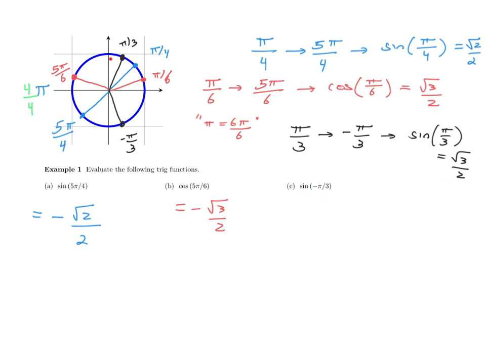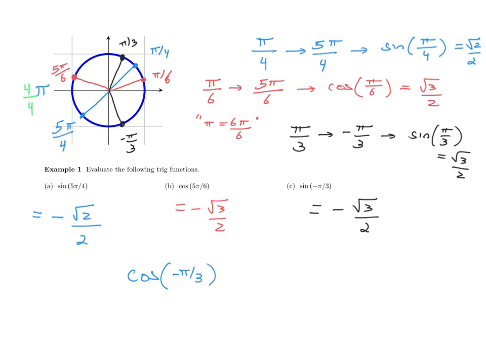The y value here is positive. Sine is the y value down here, which is negative. Therefore, this is the negative of this as well. These all turned out to be the negative of the other value. So maybe just one more where that doesn't happen. What is cosine of negative pi over 3?